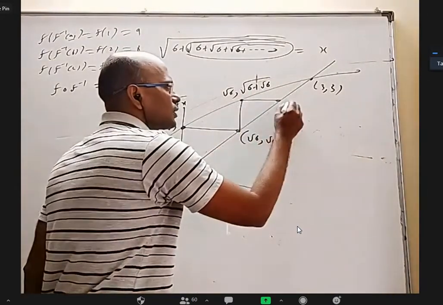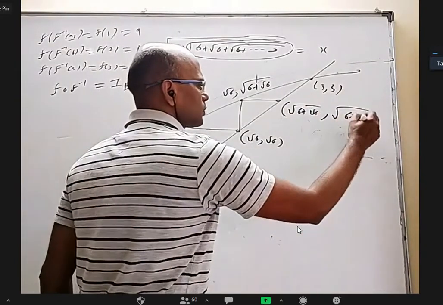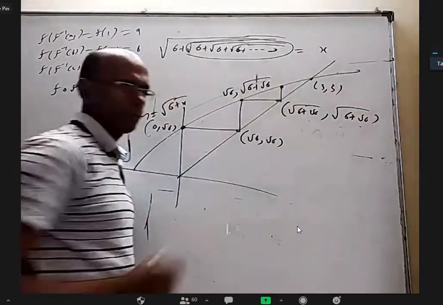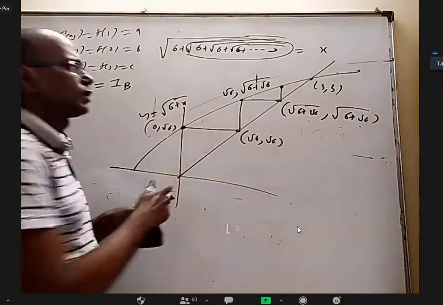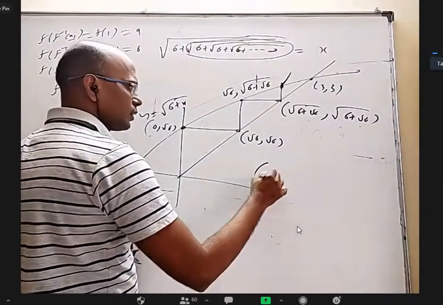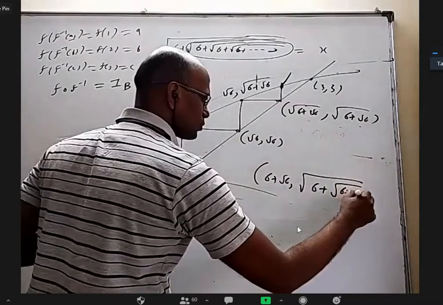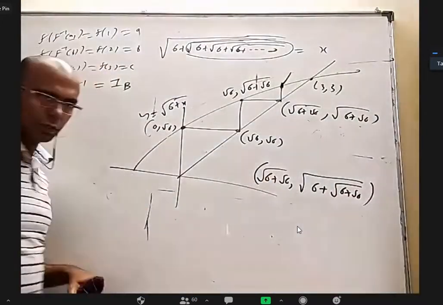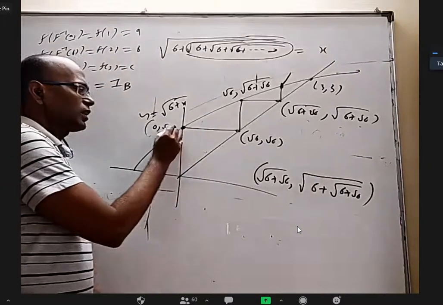Again, go horizontally, it will be root 6 plus root 6 and root over 6 plus root 6. Go vertically, the x coordinate is the same. If you want the y coordinate, you have to put it here. So this point's y coordinate will be root over 6 plus root over 6 plus root 6. Okay, so what happens? For this point, what is the y coordinate?